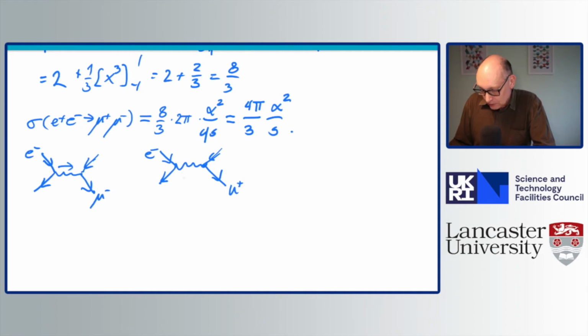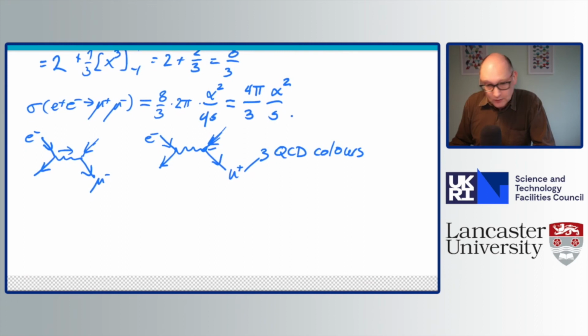The spinor strings are all the same, whether it's muons or quarks. The difference is that you would have a different charge because the u is charged with 2/3 instead of a full electron charge. And there's another difference. You can't just create one set of up quarks. You have 3 QCD colors, 3 different types of up-type quarks that you can create: a red, a green and a blue.